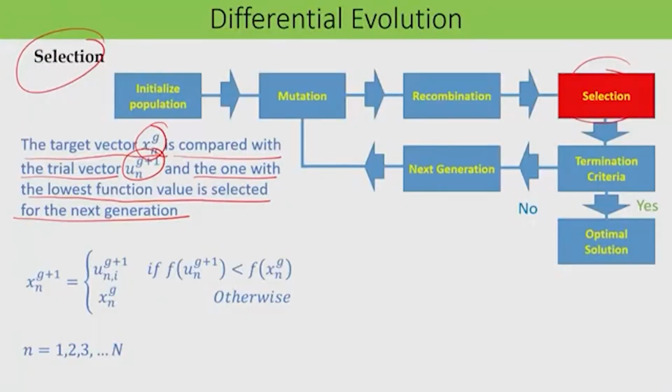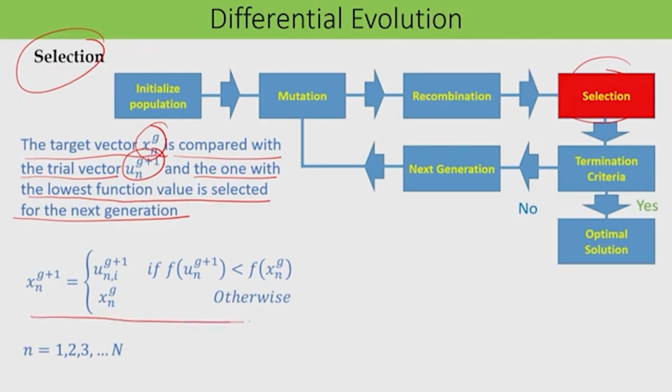We are now comparing the target vector with the trial vector. If the target vector is better than the trial vector, we will keep the target vector, but if the trial vector is better, we will replace the target vector by the trial vector.